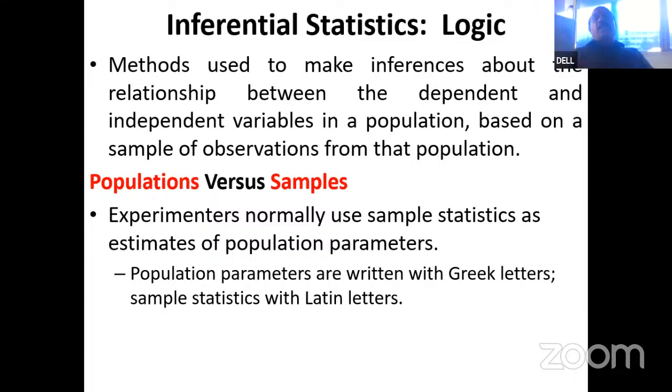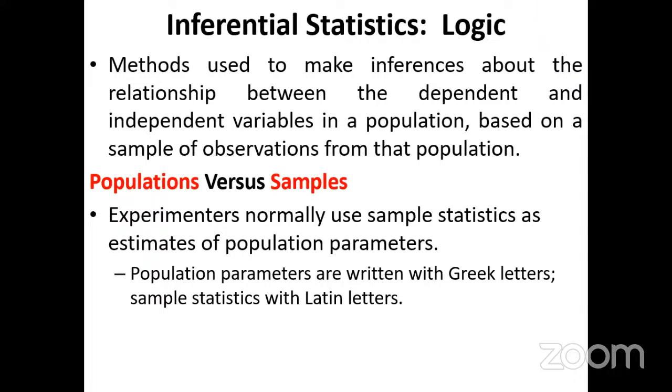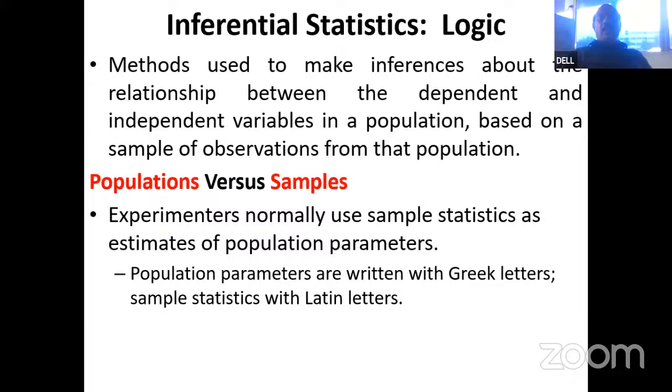So sample constants are nothing but called the statistic. Population constants are called the parameters. Here the population parameters are represented in Greek letters, and statistics, in the sense of sample constants or sample characteristics, we represent with Latin letters.